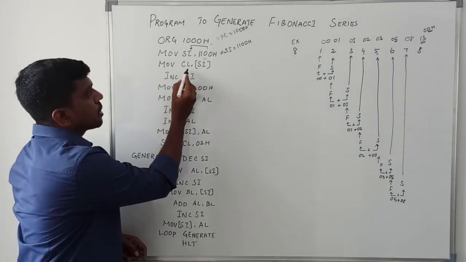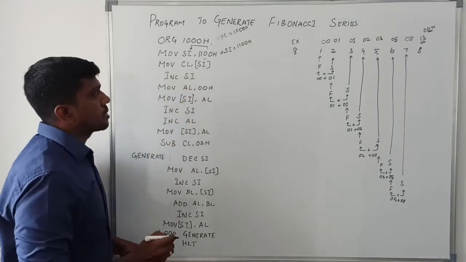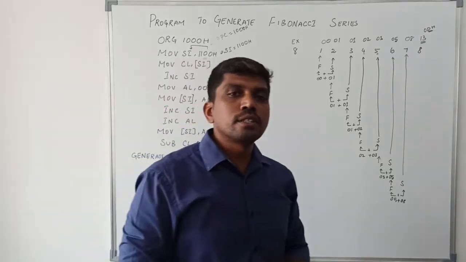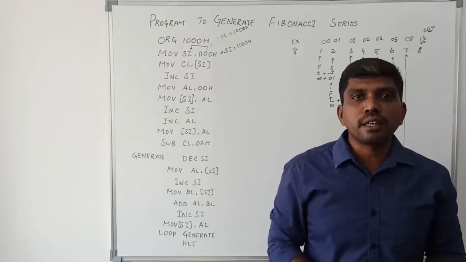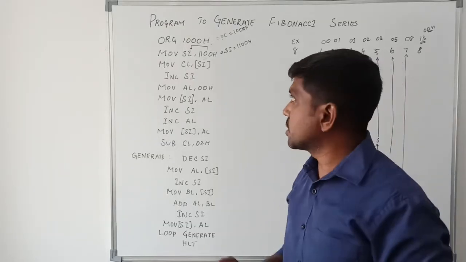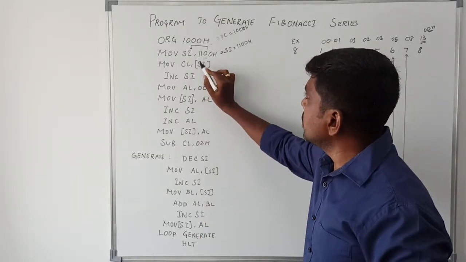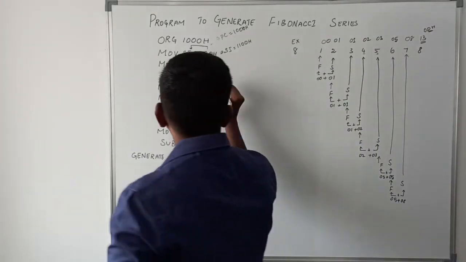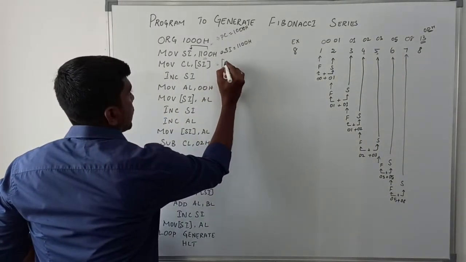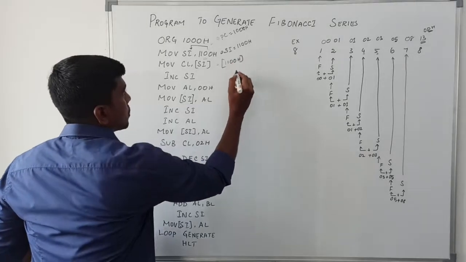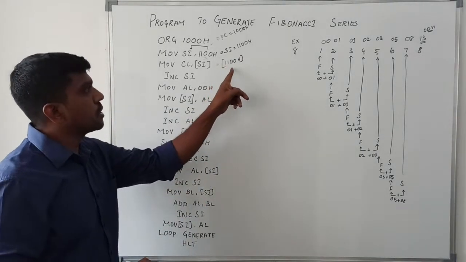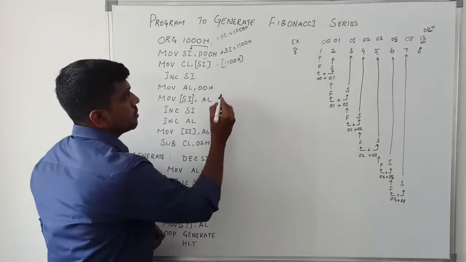Then MOV CL, [SI]. In the 8086 microprocessor, any data within brackets is considered an address location. So in MOV CL, [SI], the 1100H within the bracket is considered an address location.